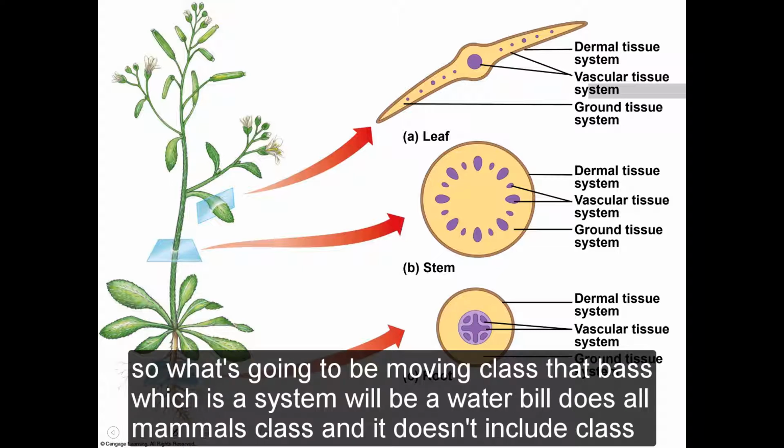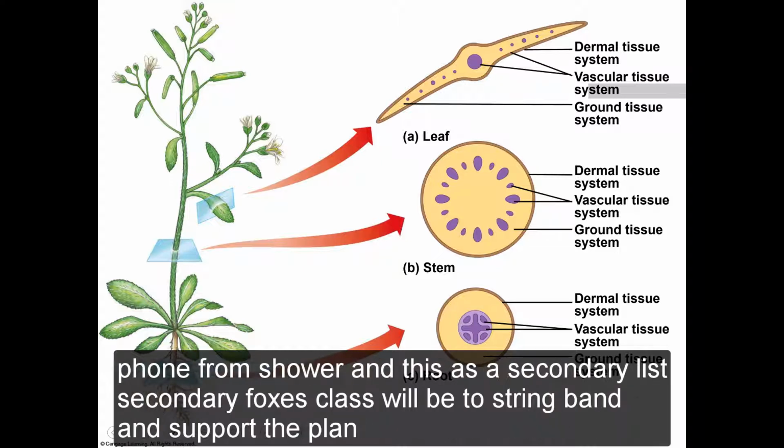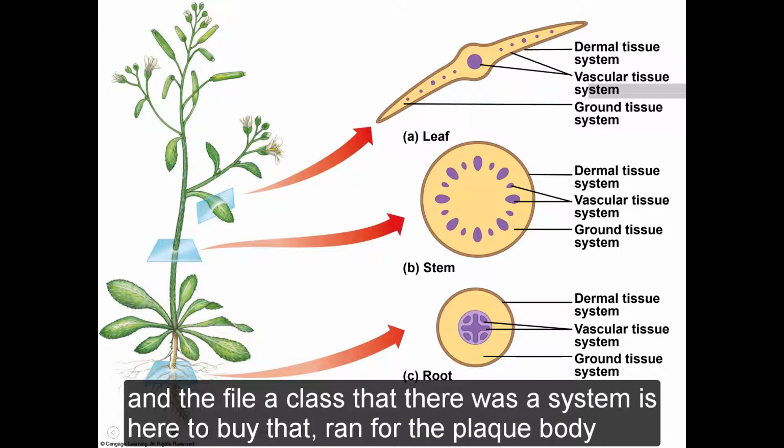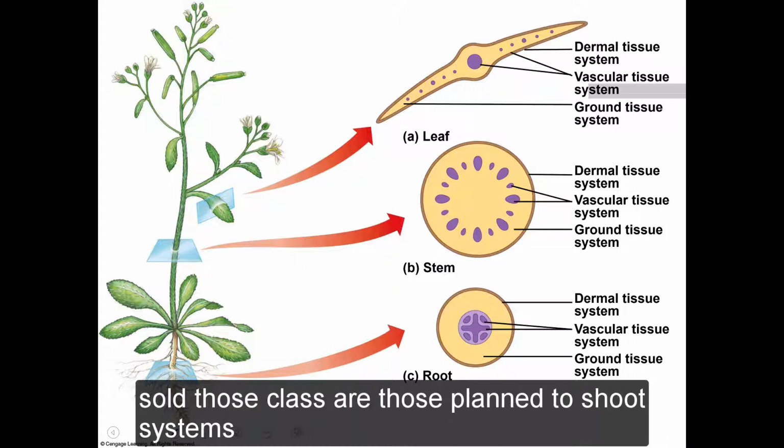So what's going to be moving, class, through that vascular tissue system will be water, those dissolved minerals, class, and it does indeed include food in the form of sugar, and then a secondary function, class, would be to strengthen and support that plant. And then finally, class, the dermal tissue system is here to provide the covering for the plant body. So those, class, are those plant tissue systems.